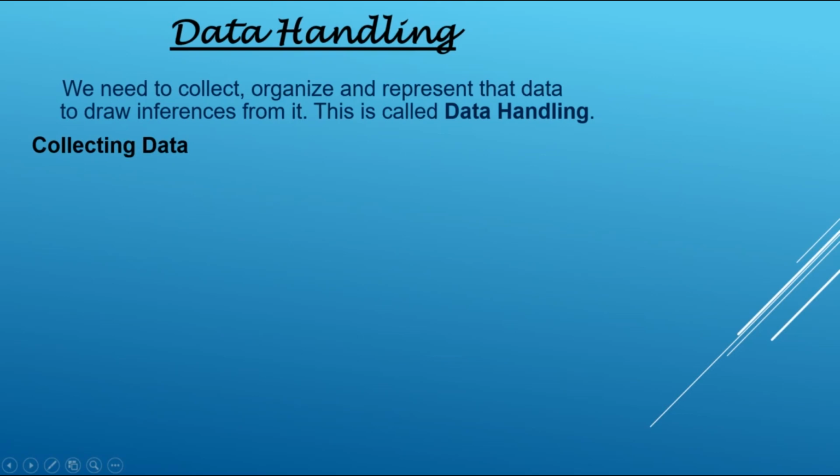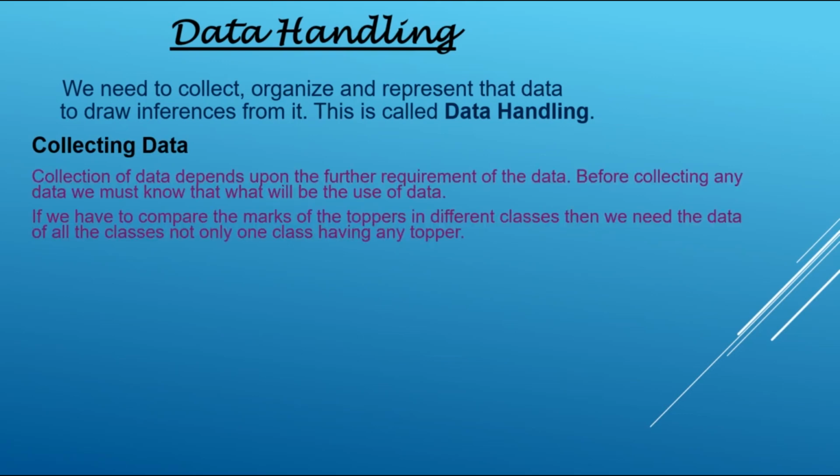Now the first step is collecting data. Collection of data depends upon the further requirement of the data. Before collecting any data, we must know what will be the use of data. Suppose a company wants to know about its brand performing in the market.